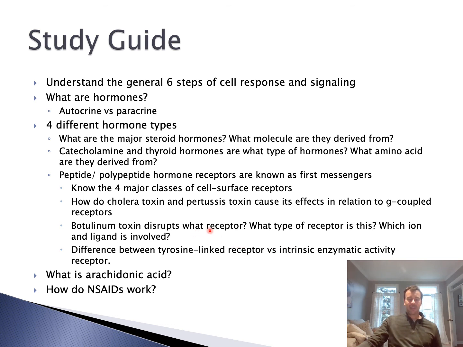Which type is botulinum toxin relevant to, and which ions and ligands are involved there. And then the difference between the tyrosine-linked receptor versus the intrinsic enzymatic receptor. And then just the last 2 points, what is arachidonic acid, and how is that related to prostaglandins and the pain meds that I was just talking about.